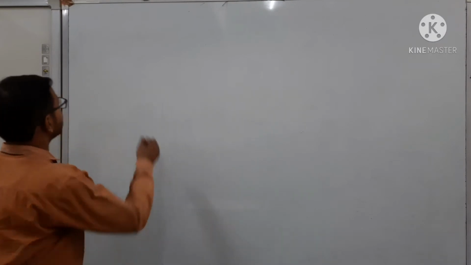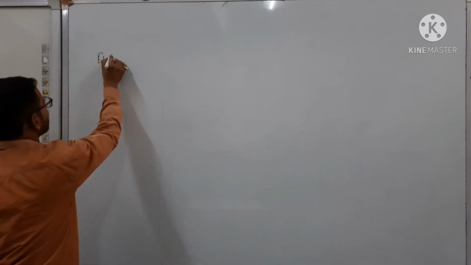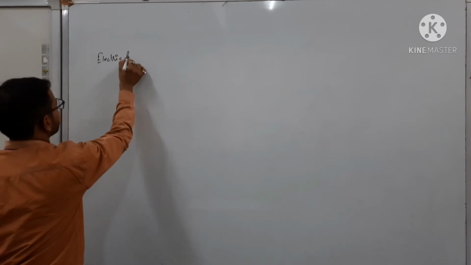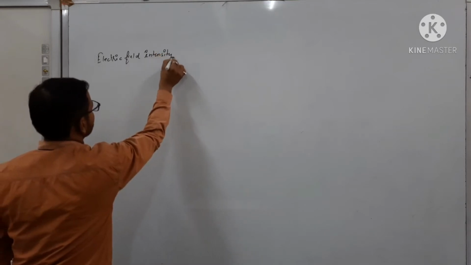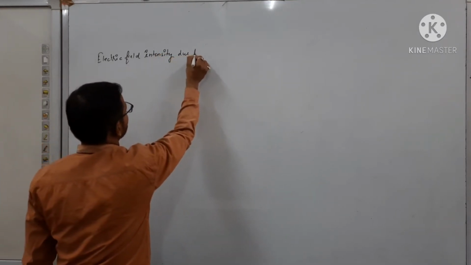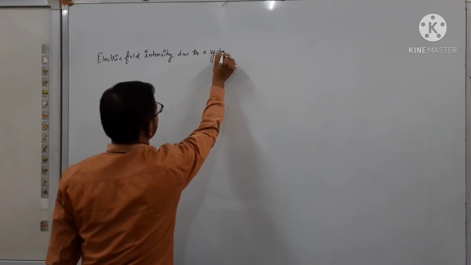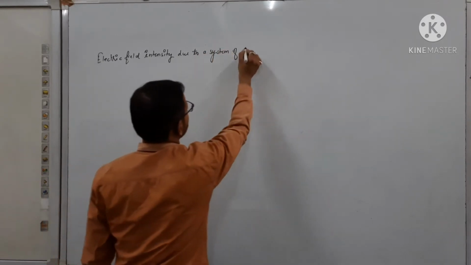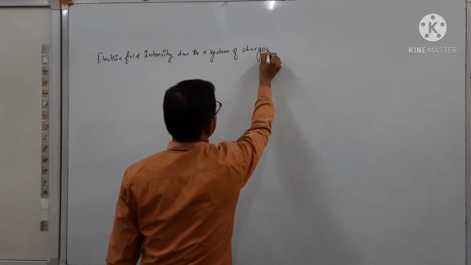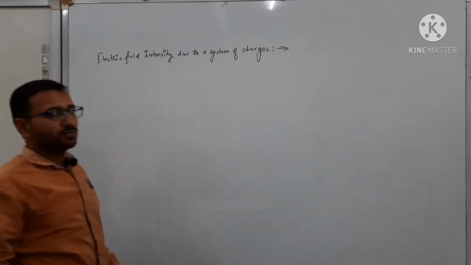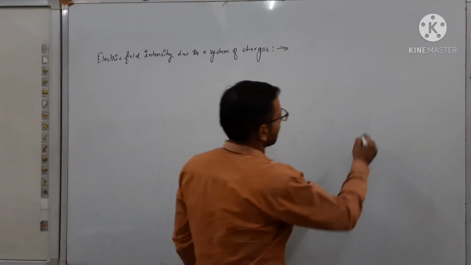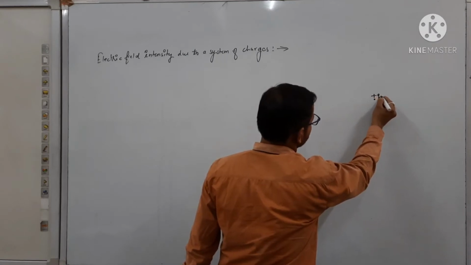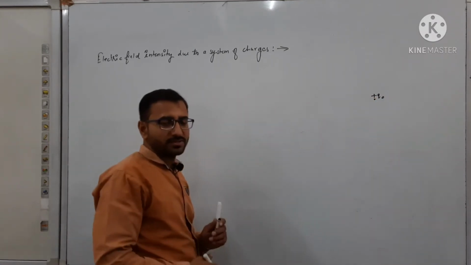Now in the second derivation, we will discuss the electric field intensity due to a system of charges. In this derivation, student, we will calculate the electric field intensity on any test positive charge due to the system of charges.